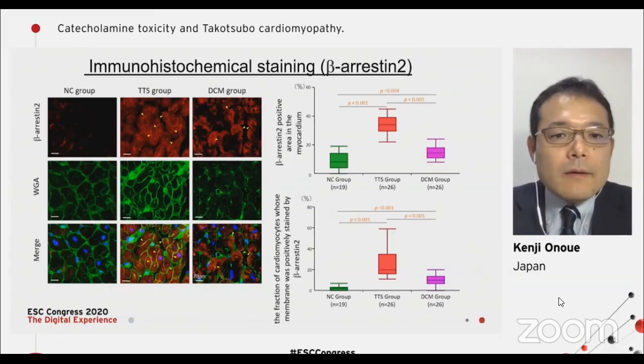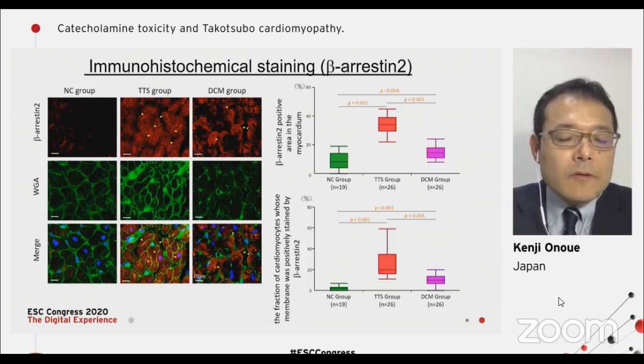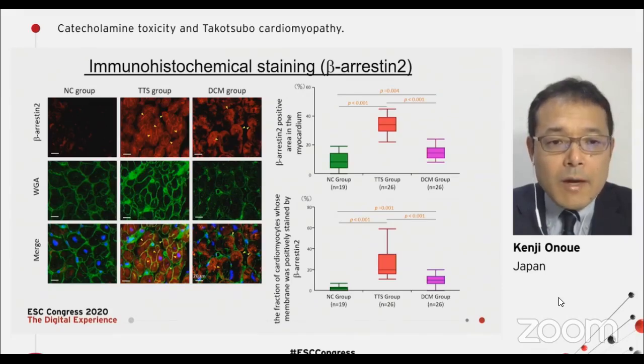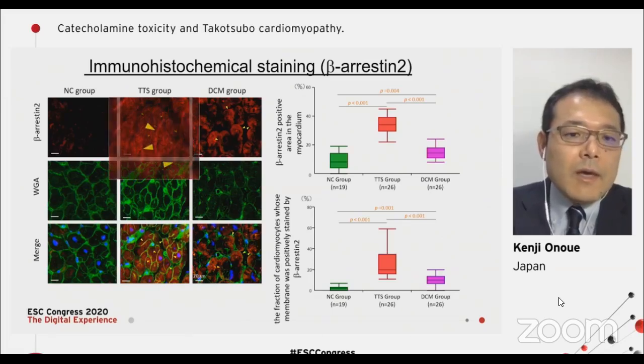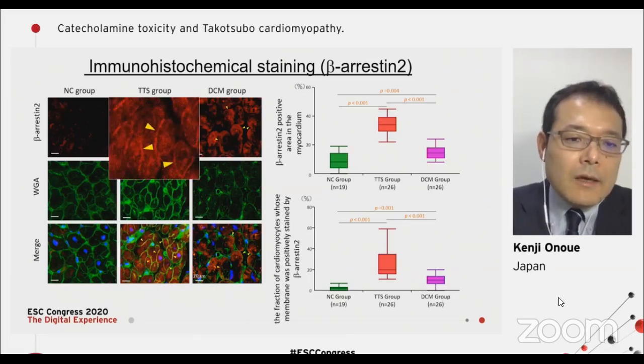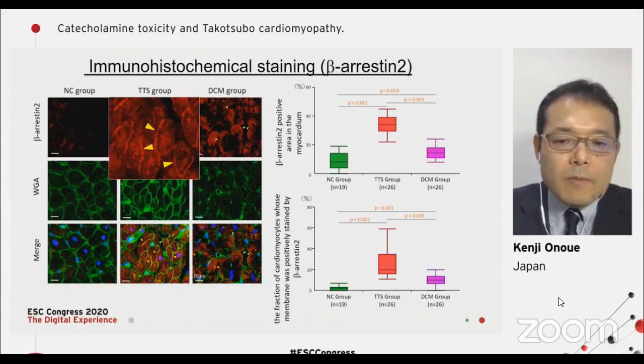Same as the GRK2 staining, beta-arrestin-2 positive stained area was also observed in cardiomyocyte in TTS group, as you can see in the middle column, and especially the positive stained signal on the cell surface was strongly observed in TTS group.